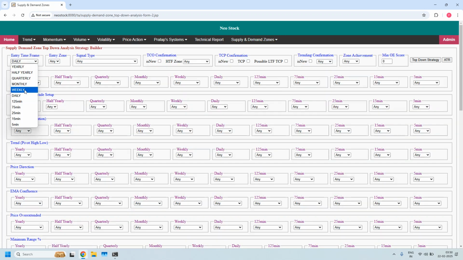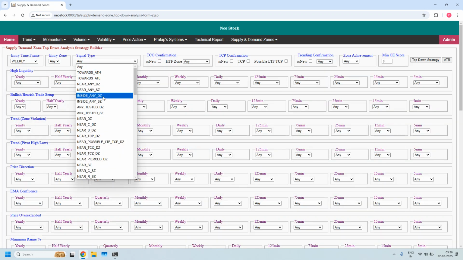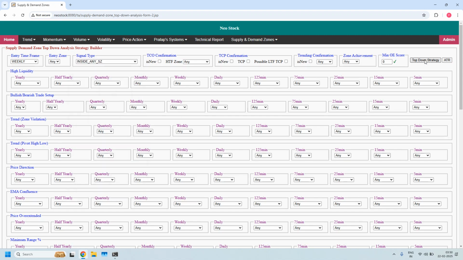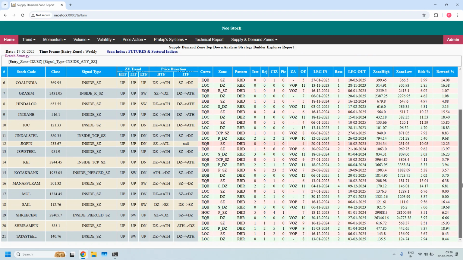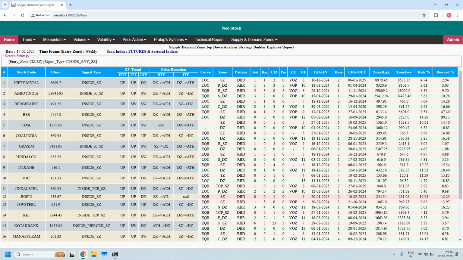weekly time frame, price closed inside the weekly supply zone, we got 21 stocks. So first 16 stocks in the list. Scrolling the list down.